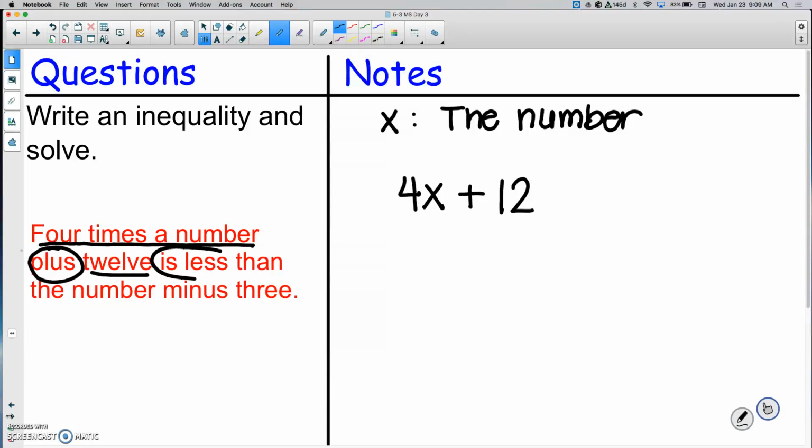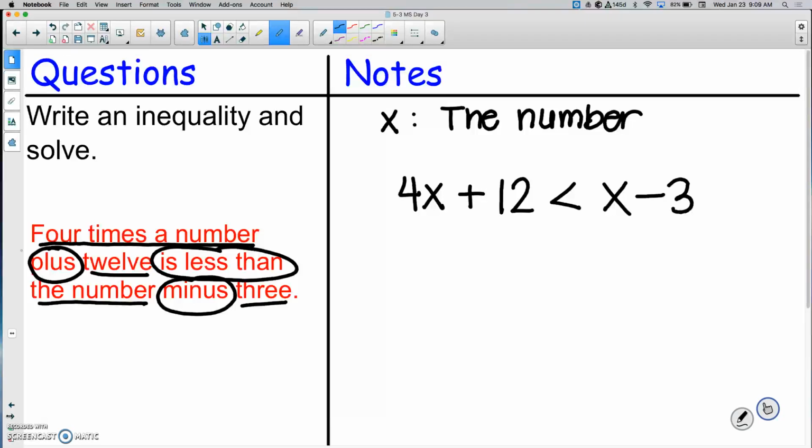And then we've got our is less than, so left hand, less than, the number, so I need another x, minus, it's a math operation, subtraction, 3. Okay, so the things that I circled, the plus and minus and the is less than, because those are representing our math operations and our inequality symbol.